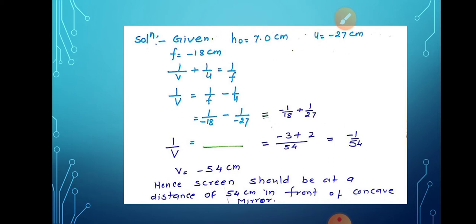Hence, screen should be at a distance of 54 centimeter in front of concave mirror.